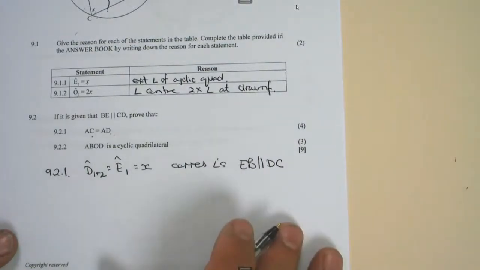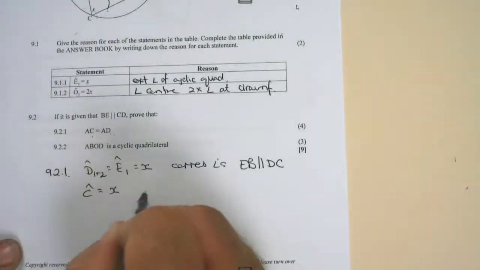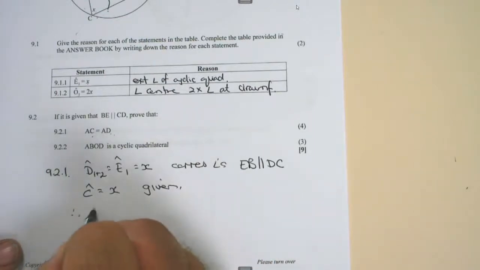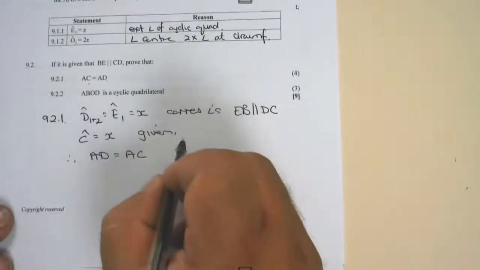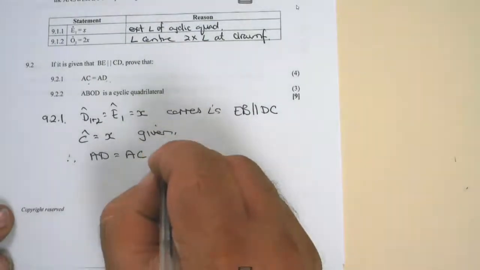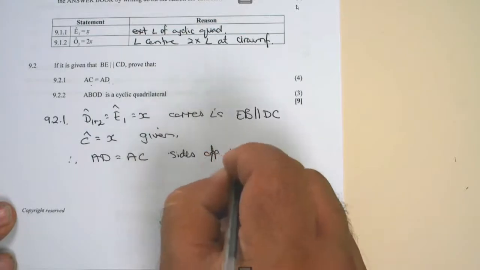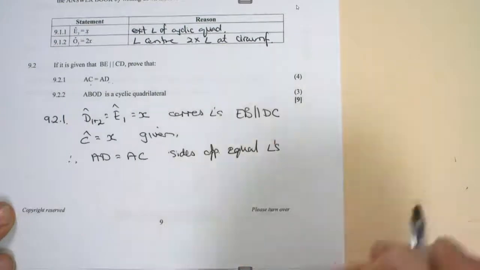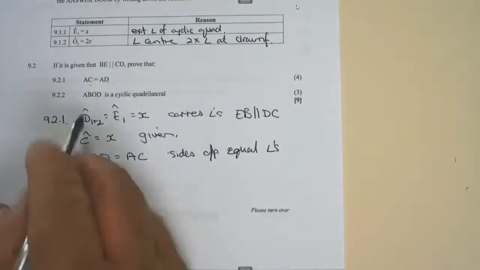The next thing is that angle C is equal to angle X, and that is given. Therefore, we can say that AD is equal to AC, the sides opposite equal angles.